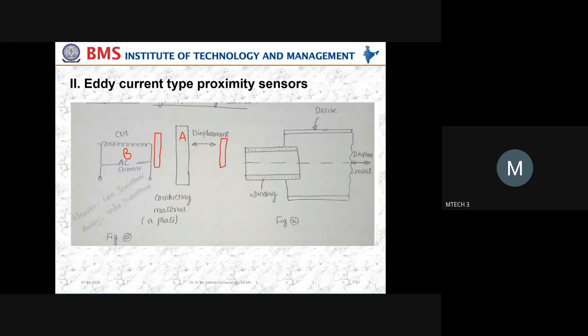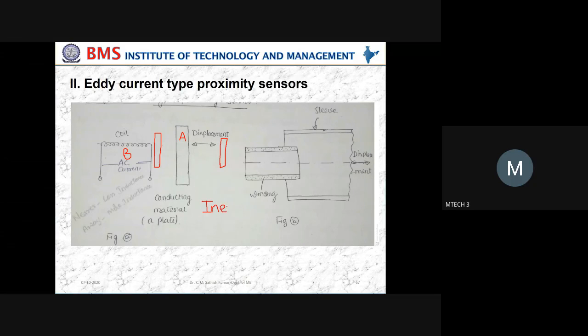Very good. What I am trying to say here is that the movement of this conducting material nearer to the coil and away from the coil will have an effect on the eddy current.